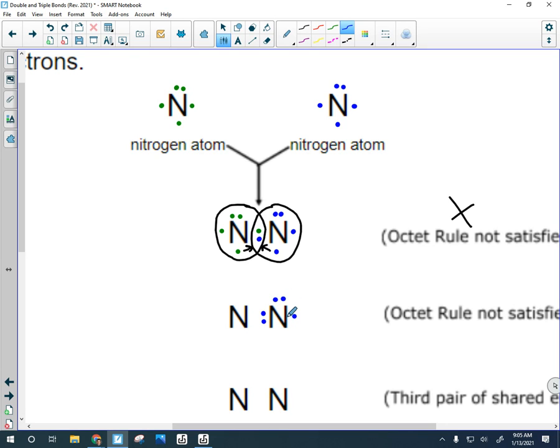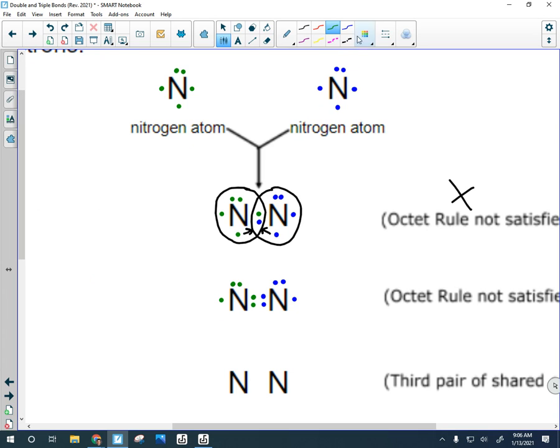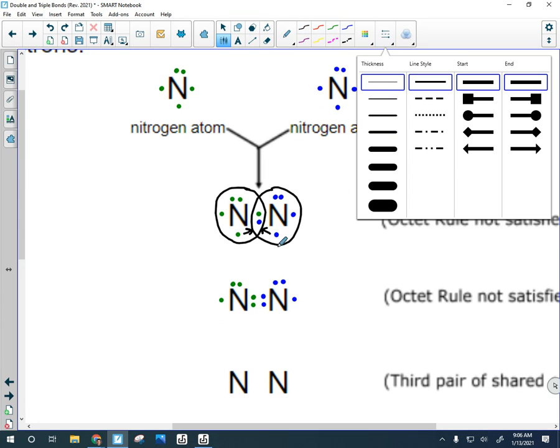I didn't add any electrons here. I just shifted where we think of them in the diagram. The one on the left still has the 2 non-bonding on top, a non-bonding on the left, but it is now added in another bonding electron. So we should see this is better, but it's still not an octet, right?